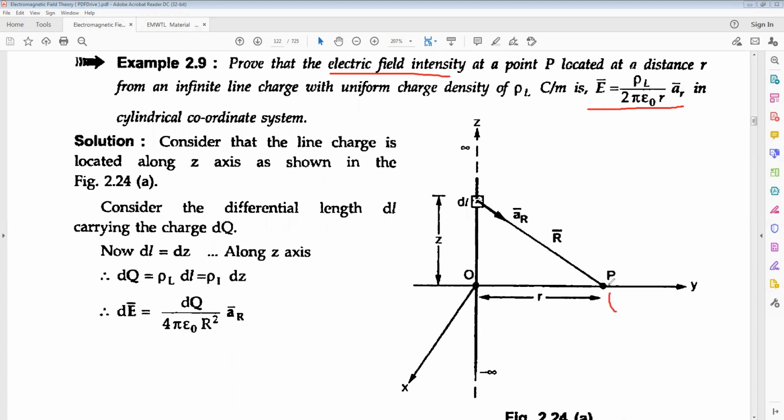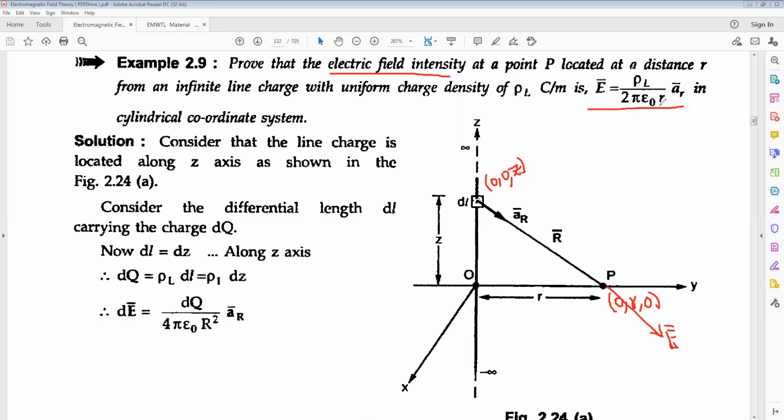So what is the point here? A point on the x-axis or y-axis means x is 0, y is the distance R, and z is 0. And here the point is 0, 0, z, because for a point on the z-axis there is no x and y. We need to find the electric field intensity at the point P.